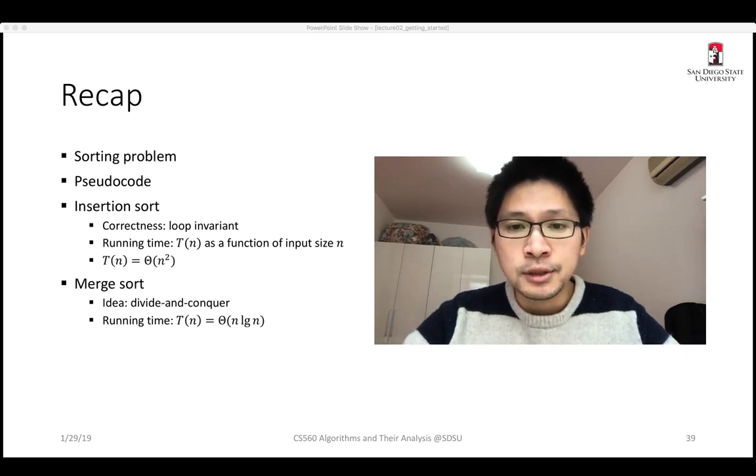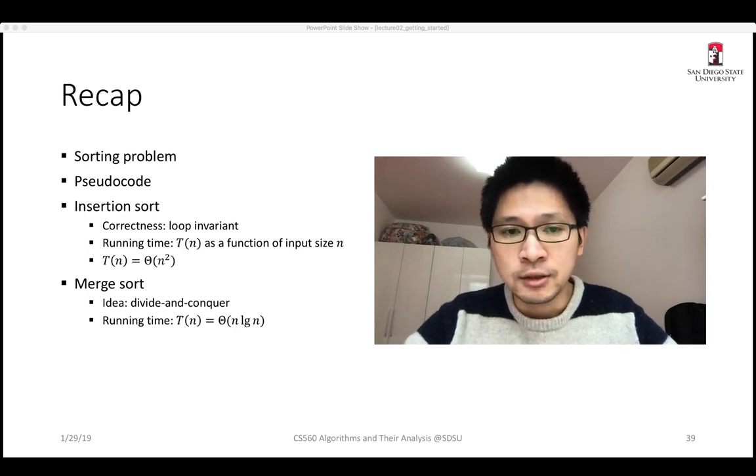And more importantly, we analyzed the running time using the method of T of n as a function of the input size n. And we found that for insertion sort, T of n can be written using theta notation as theta of n squared. And for merge sort, T of n can be written as theta of n times log n.